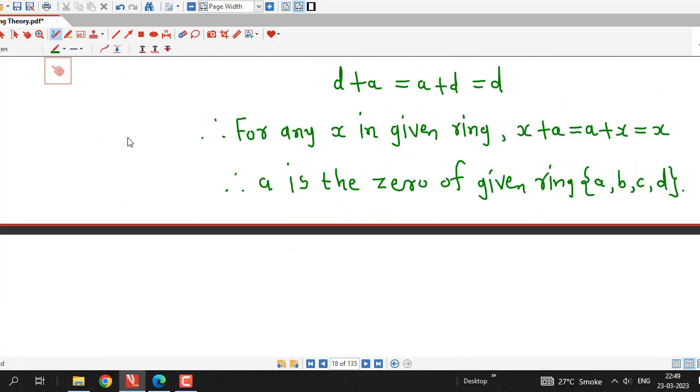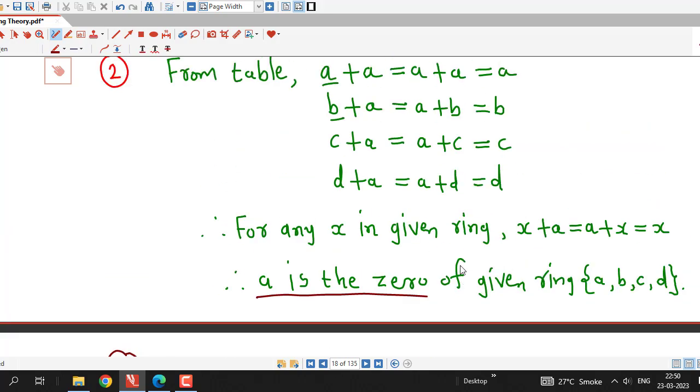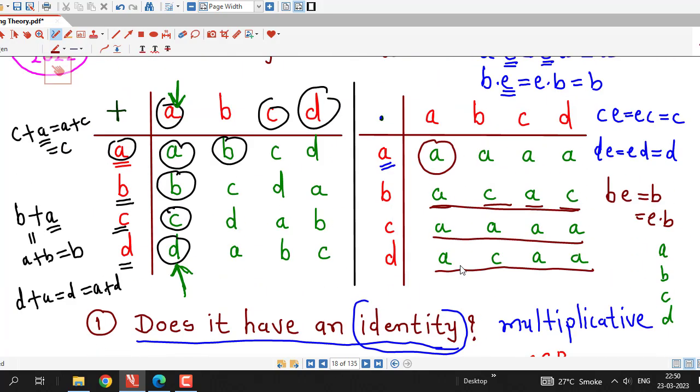So to obtain additive inverses, we have to again check for those elements. Suppose we want to check for the first element A. Suppose we are interested in the additive inverse of element A, then we have to find the element in the ring such that A plus that element will be equal to the 0 of the ring, which is A, equal to that element plus A. So we can find that from the table.